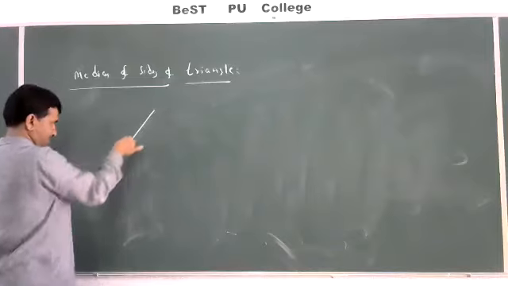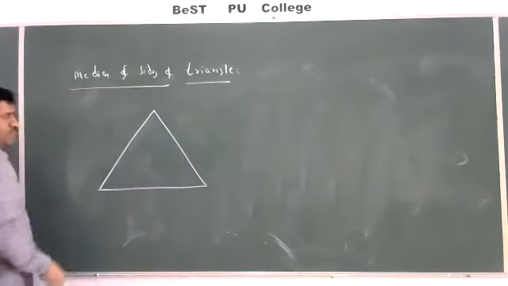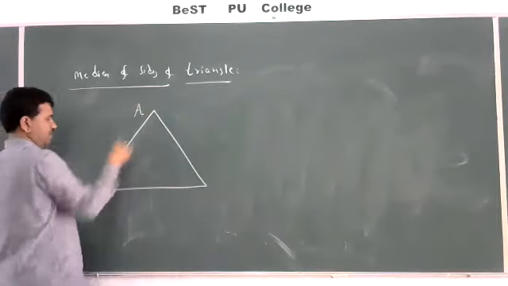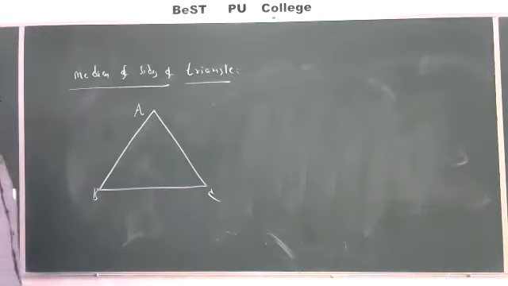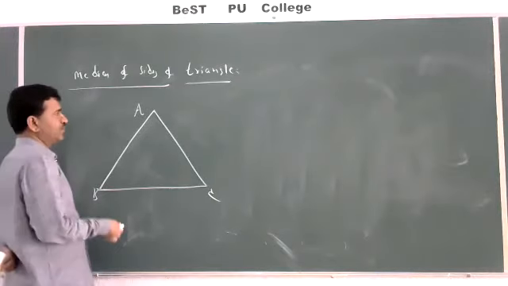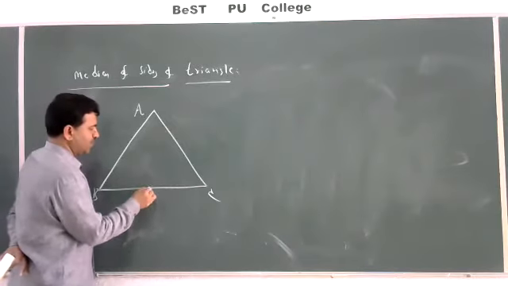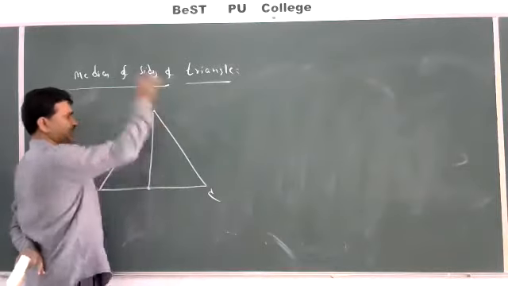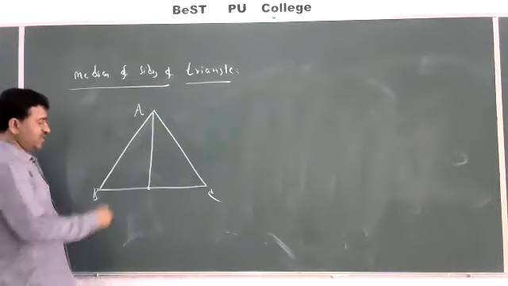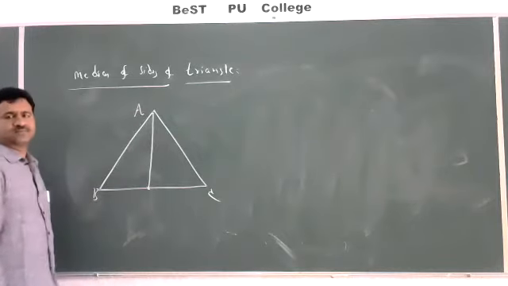See, consider a triangle ABC. Listen to me. Which one is called median here? Median means it is a line segment which joins the midpoint of a side and its opposite vertex.